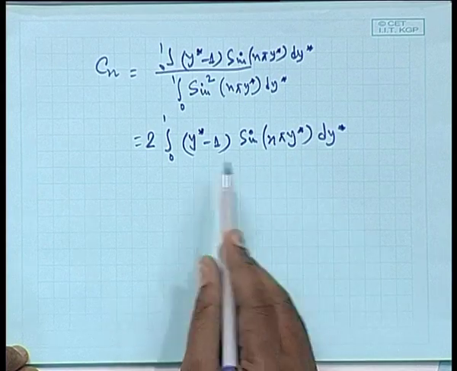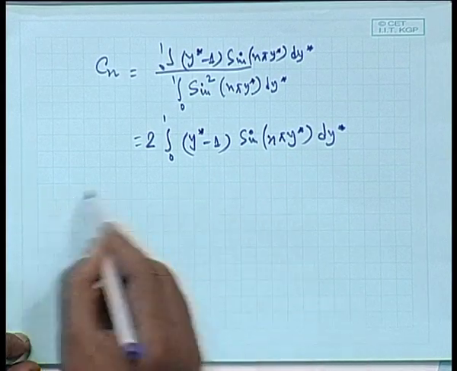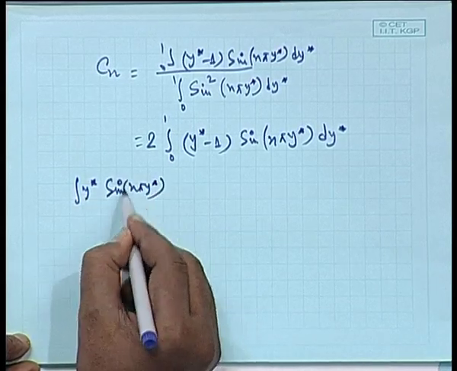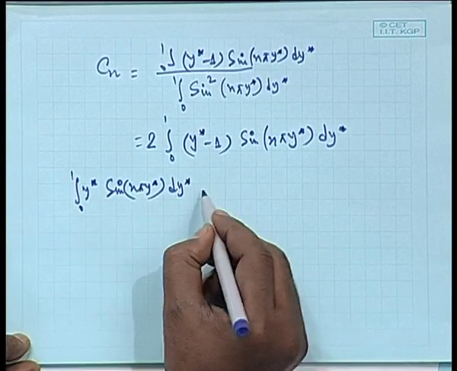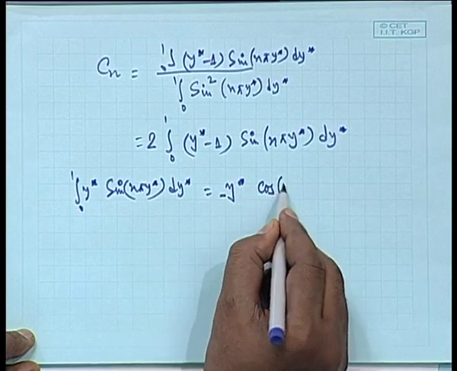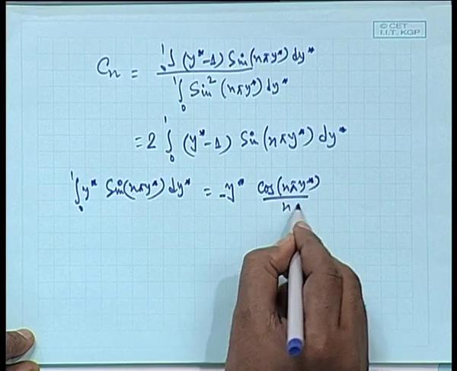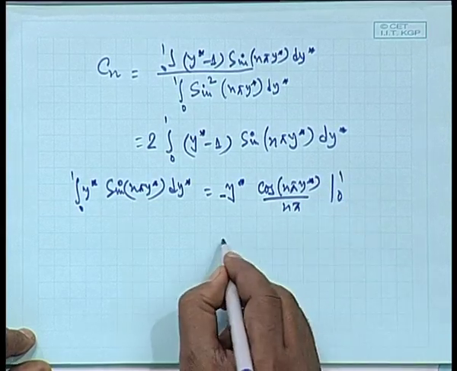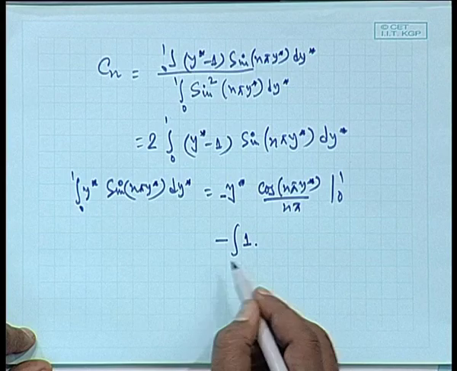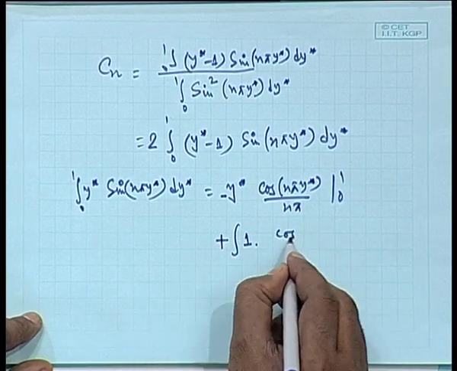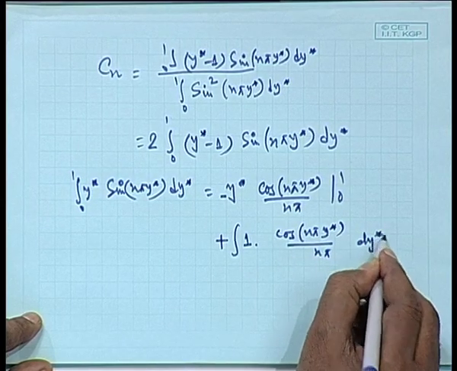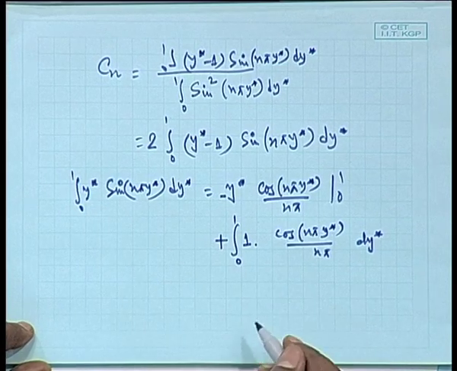Now, this can be solved analytically, and by parts probably you have to solve it. The first term is, let us say, integral of y star sin n pi y star dy star from 0 to 1: the first function, times the integration of the second function, so minus cosine n pi y star over n pi, from 0 to 1, minus the integral of the differential of the first function, that is 1, times the integration of the second function, minus minus plus cosine n pi y star over n pi, right, that will be the integration.